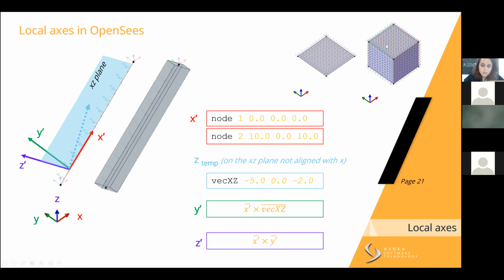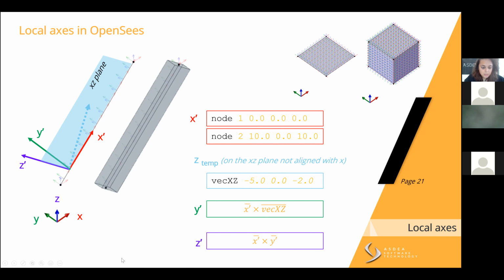Of course, in 2D or 3D this is constrained by the fact that you are in 2D or 3D. But in 1D, that's not the case. So you have to define a vector on your hypothetical plane. It can be any vector, it just should not be aligned with X. And then from this value, you define Y and Z with this kind of operation, doing the cross product with the X vector and the vector you predefined before. I don't know if this makes sense.